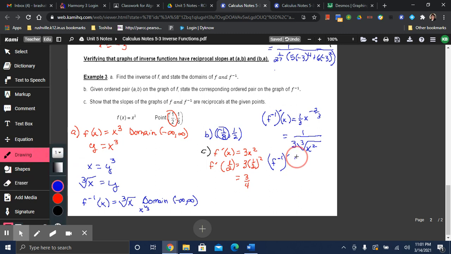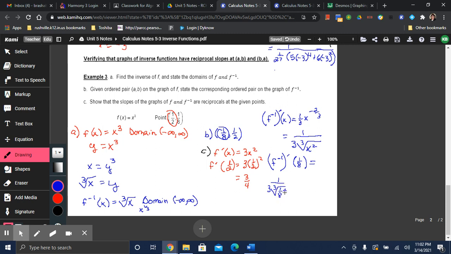Again, I do not need to do the theorem that we used up above because I was already able to find the inverse and do its derivative. I'm just going to plug in the 1/8 into this derivative. So that would be 1 over 3, and then I'm doing the third root of 1/8 squared.